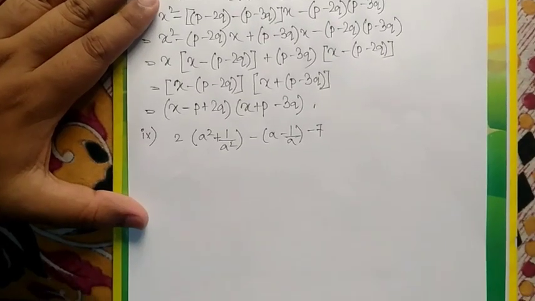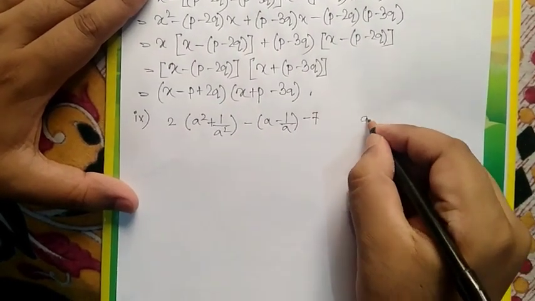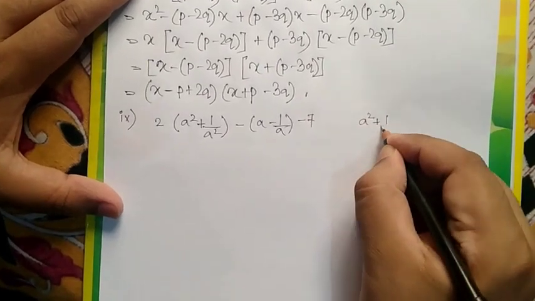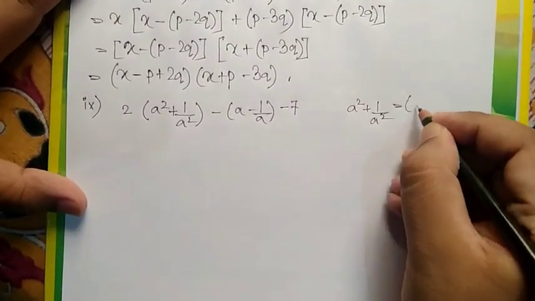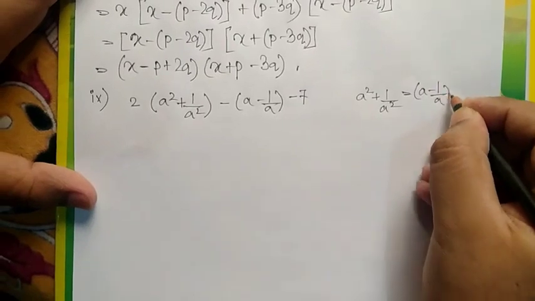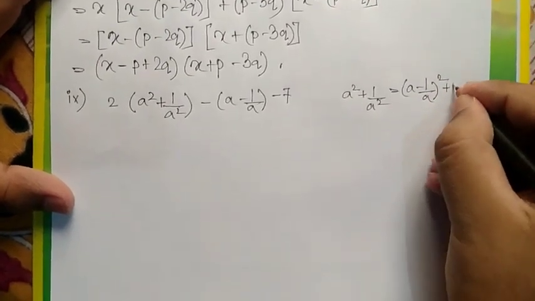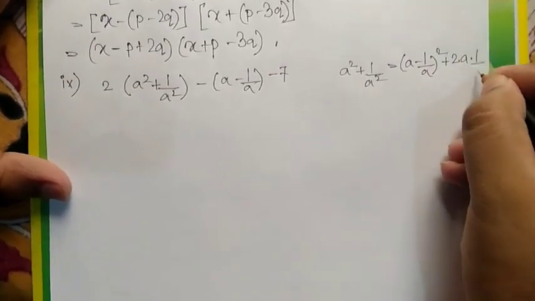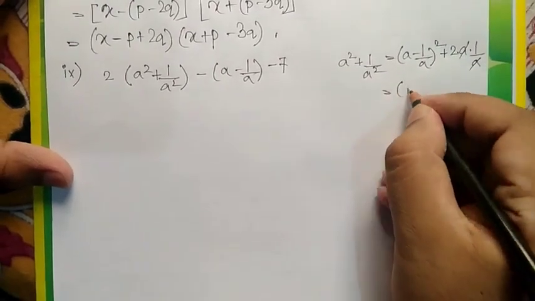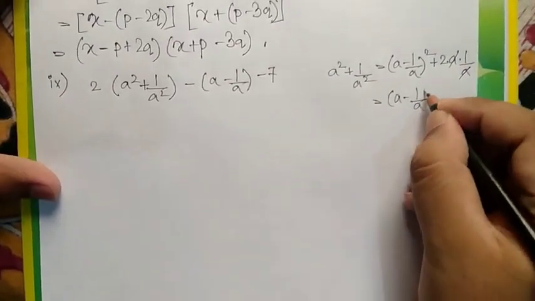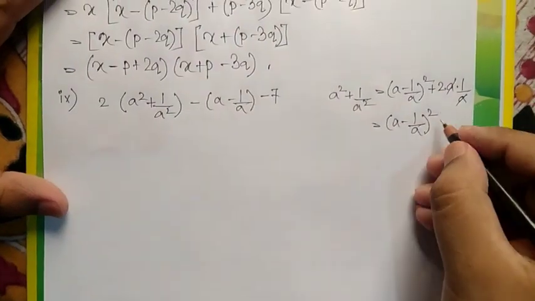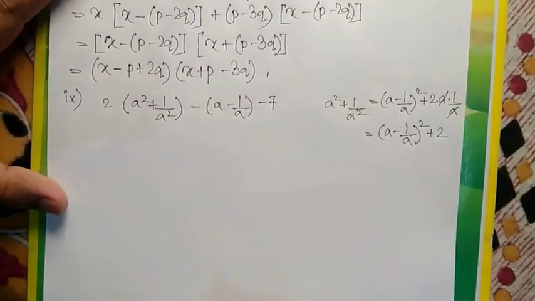This is sum number 9. Here we have to put the formula a square plus b square equal to a minus b whole square plus 2ab. We have to put this formation into this algebraic expression.